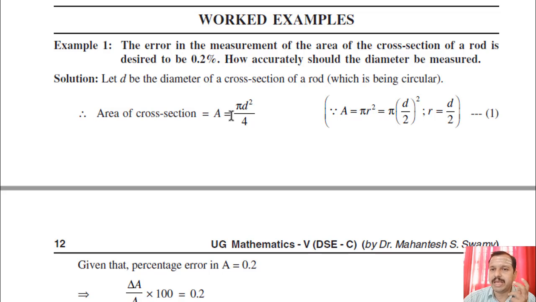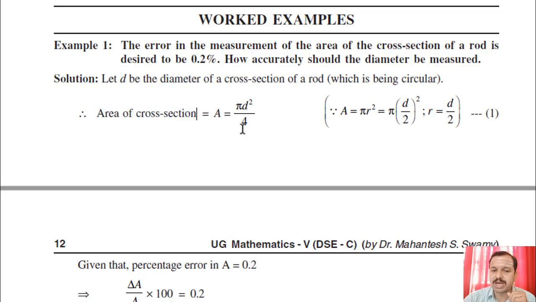We know the area of a circle is pi r square. Now when r is half of d, in place of r, we write d by 2, and r square is nothing but d square by 2 square, that is d square by 4. You can look at this. Therefore the area of the cross section of the rod is pi d square by 4. This is the area we have now in our hand.